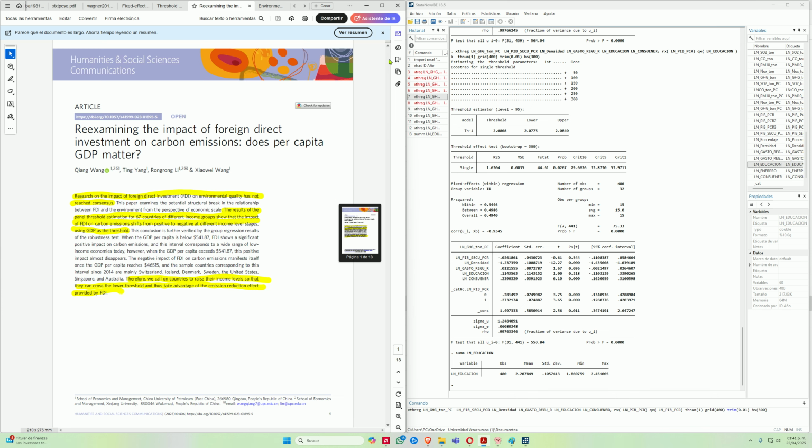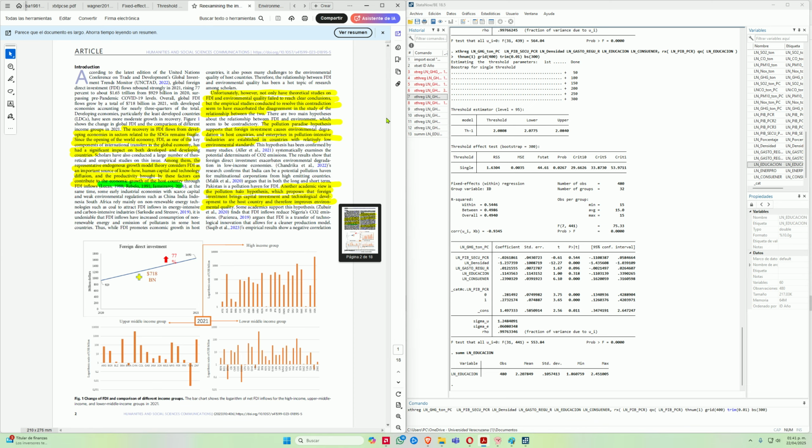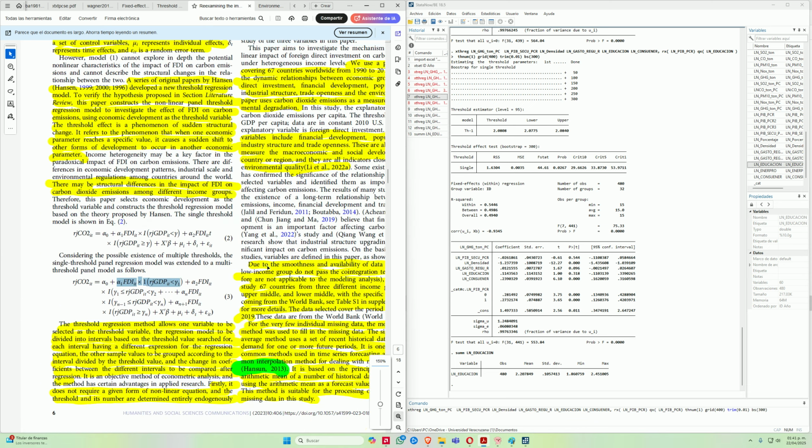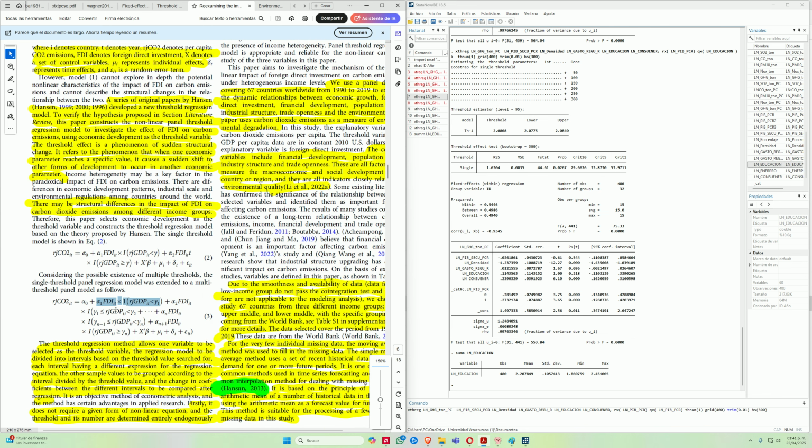Here's the paper "Nonlinear impact of foreign direct investment on carbon emission: does per capita GDP matter?", and we have two kinds of threshold. First of all, for example, the pollution is explained by FDI, and here's the threshold.